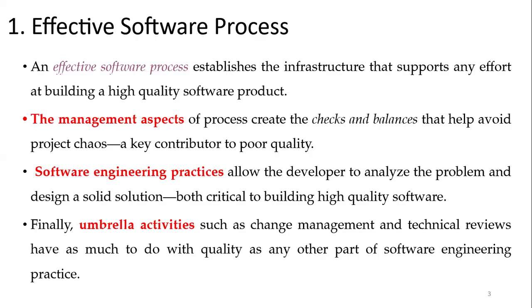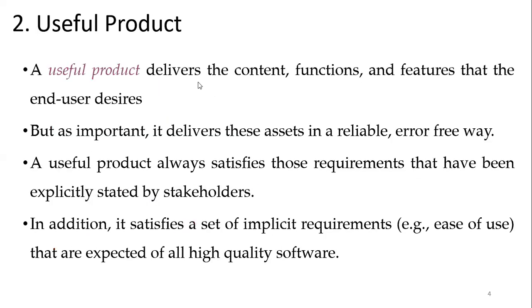Finally, umbrella activities such as change management and technical review have as much to do with quality as any other part of software engineering practice. The next one is the useful product. A useful product delivers the content, functions, and features that the end user desires.